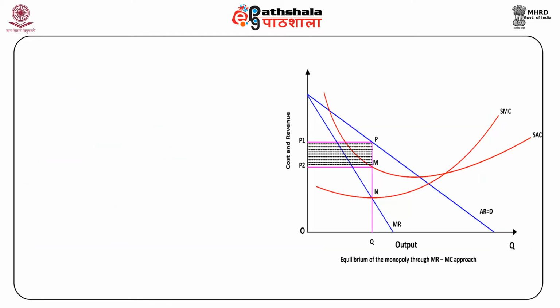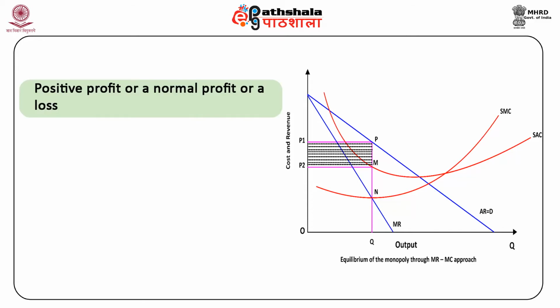Now, in order to find out whether at this point the monopolistic firm earns a positive profit, a normal profit or a loss, we draw SAC and the point where it cuts the PQ line, that is at point M, shows the cost of producing OQ output.